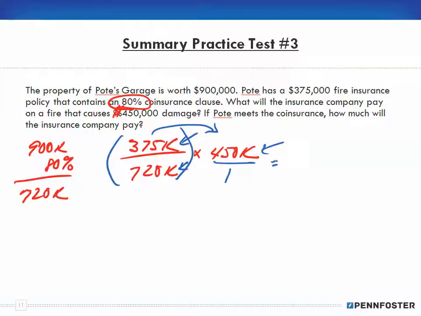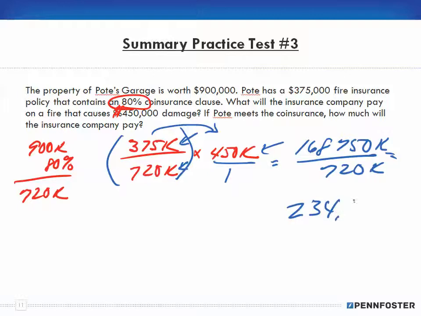375 times 450 ends up being 168,750, and that's over 720, so you divide it by 720 and, remember this is in thousands, you end up with $234,375.